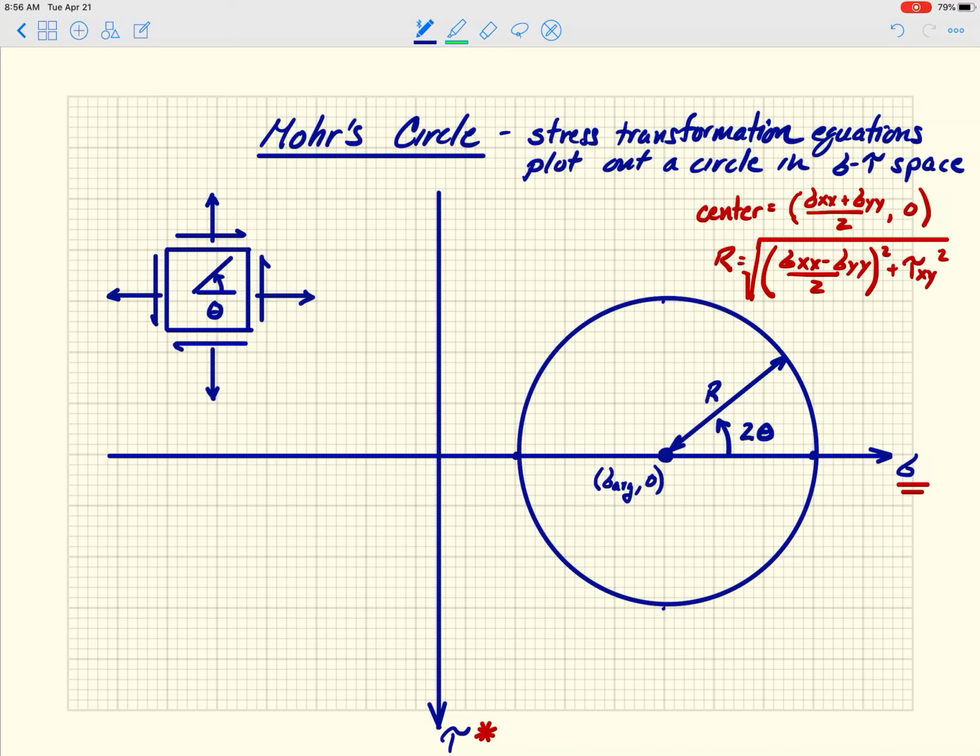So if I rotate on the circle, let's say from this point here to that point over here, that is a 180-degree rotation. That is equivalent to a 90-degree rotation on the stress cube over there on the left, okay?